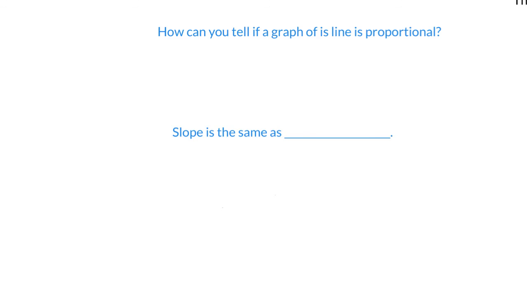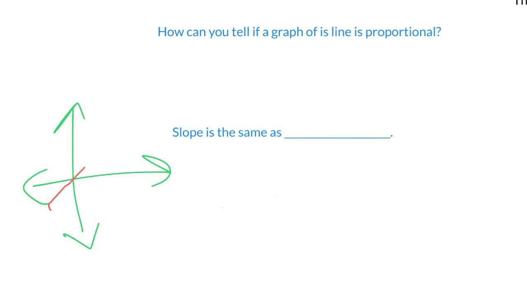How can you tell if a graph of a line is proportional? So what you can tell is you look at the line, you look to see where that line intersects the axis. So if it goes right through the origin, you know the line is going to be proportional.